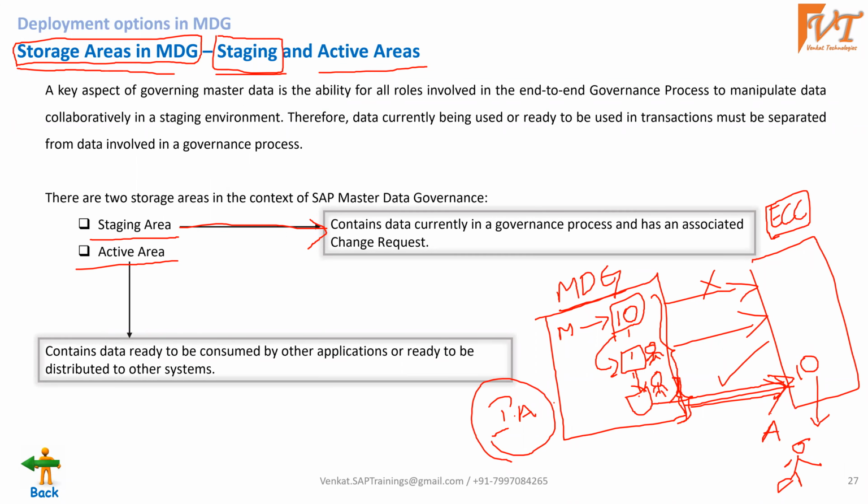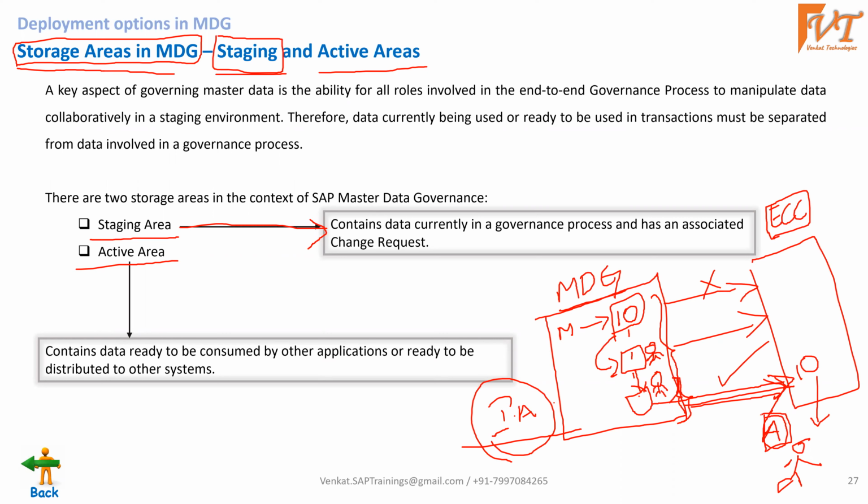We will see more about inactive data and active data directly in the system, how the inactive data looks, and where exactly the staging area is in MDG. Where can we find that staging area? We can directly see the data in the staging area of MDG. I will show you that as well, and where we can see the active data.